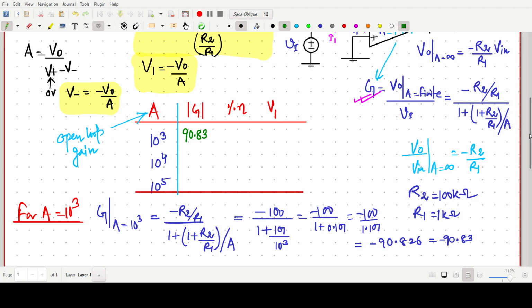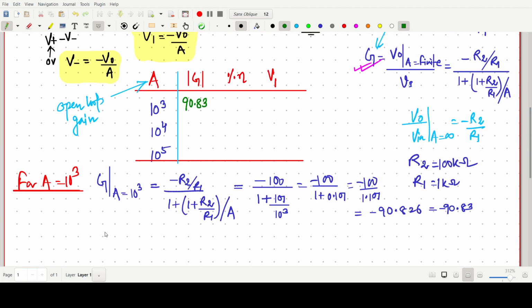Now we have to go for the error. For the percentage error, the formula is G minus R2 by R1, divided by R2 by R1, into 100. We are doing it for 10 to the power 3. The G value is now minus 90.83, so in magnitude it is better to write directly 90.83.